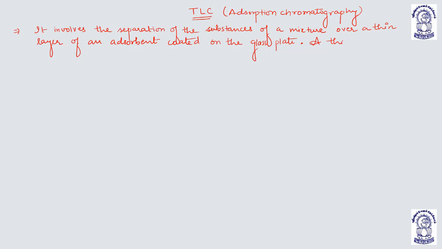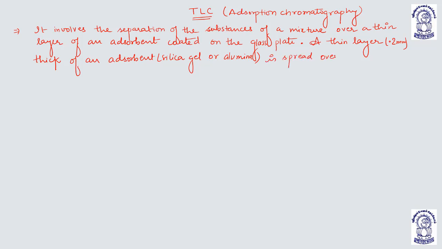A thin layer, around 0.2 millimeters thick, of an adsorbent like silica gel or alumina, Al2O3, is spread over a glass plate.